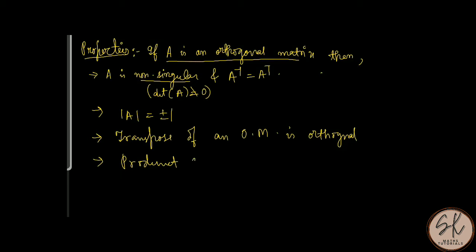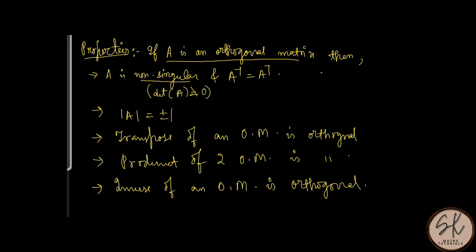Next is the inverse of an orthogonal matrix is also orthogonal. Now these are some of the important properties that you need to remember.